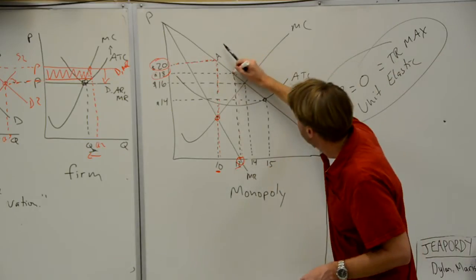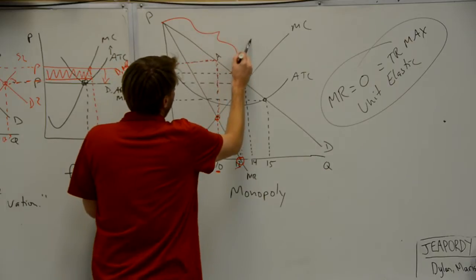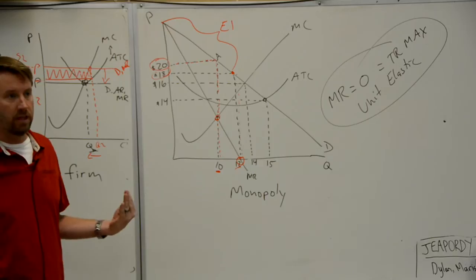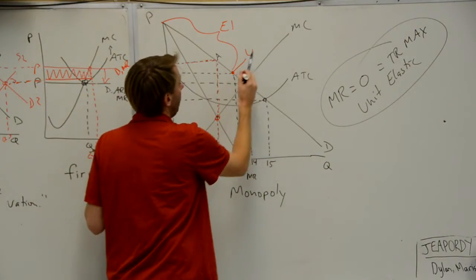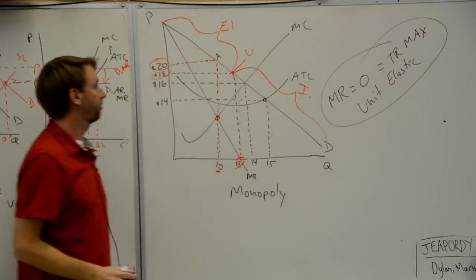So if that's the case, then this whole area, this will be elastic, because Eskimos sleep under igloos. This right here is going to be unit elastic, and this whole area is inelastic.